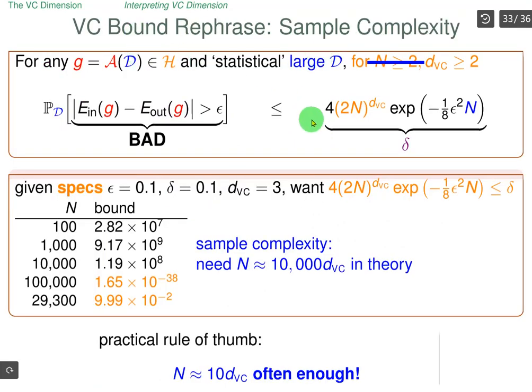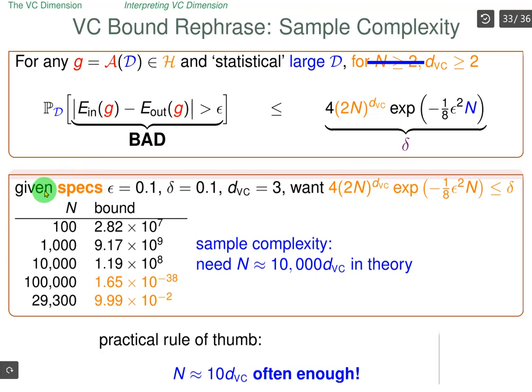Can we use the VC bound to identify the sufficient amount of training examples or data in order to make this right-hand side small? This problem is also called sample complexity: how large a data set should I have.